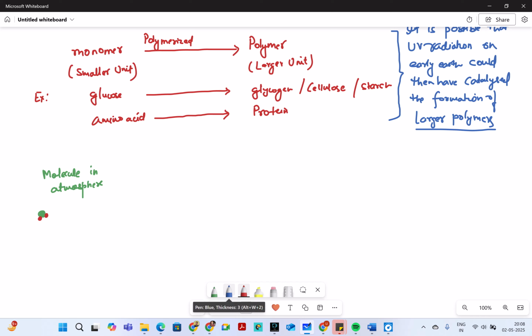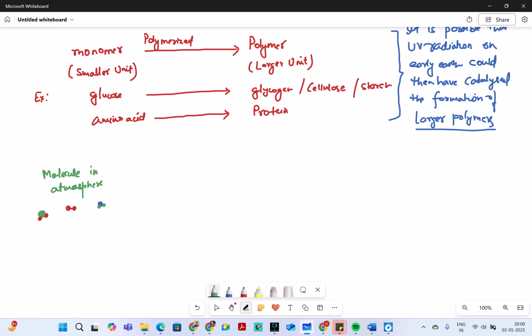Then you have hydrogen, H2 gas, right? Then there is CO2, right?